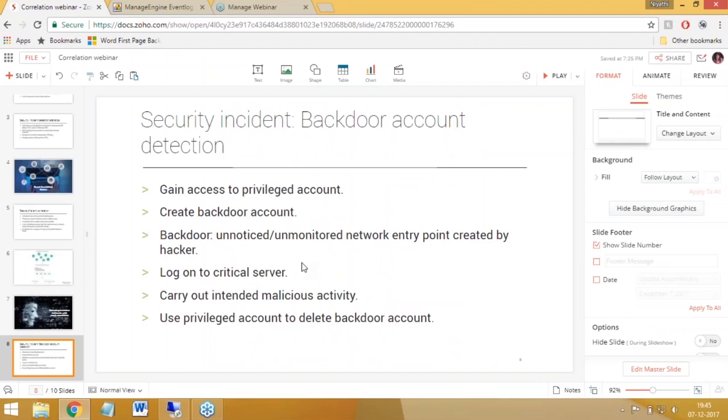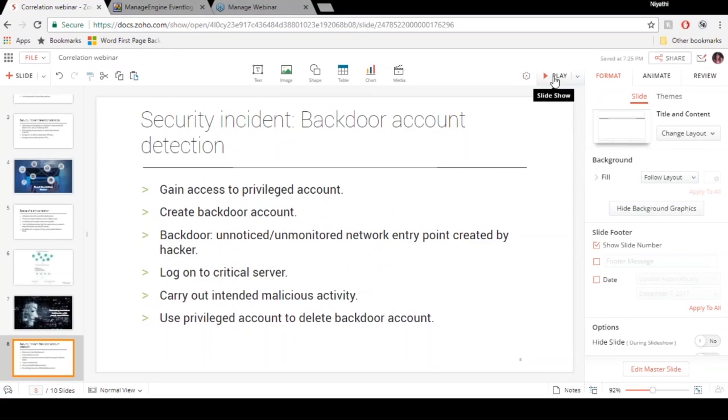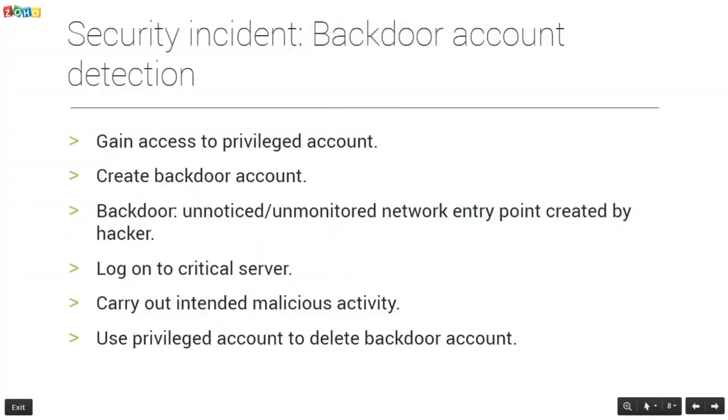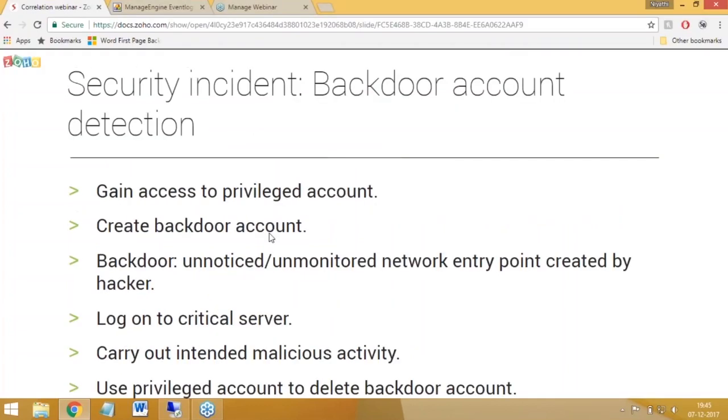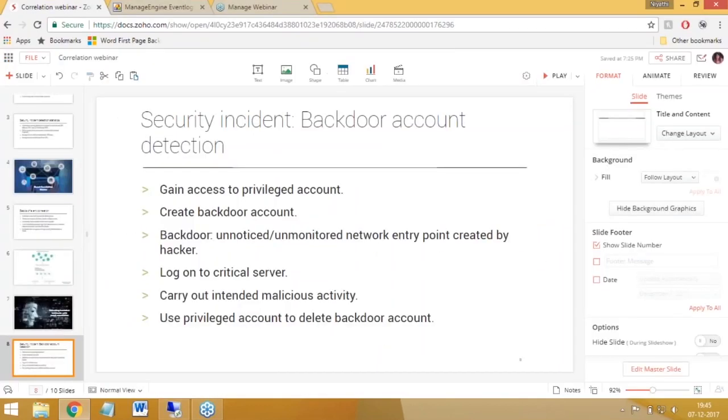So as I said, the correlation rule simply consists of two basic actions, the account creation and deletion within a short period of time. So once this happens, as soon as EventLog Analyzer detects this activity, it'll go ahead and send you an alert in the form of an email or SMS.